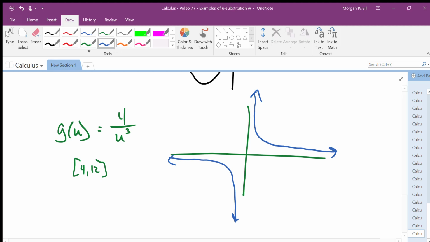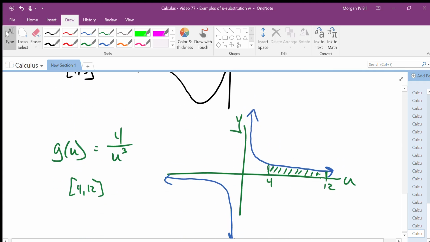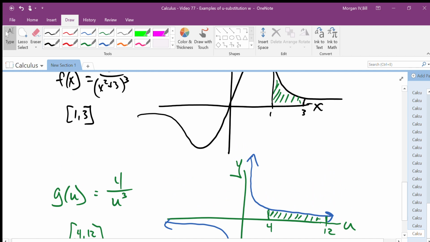Now, instead of an x-axis, it's acting like a u-axis here, and I have y there. This is going from 4 to 12, and so a rough graph is going to say it's that area there. And although the shapes are quite different, the area of each of those regions is the same.